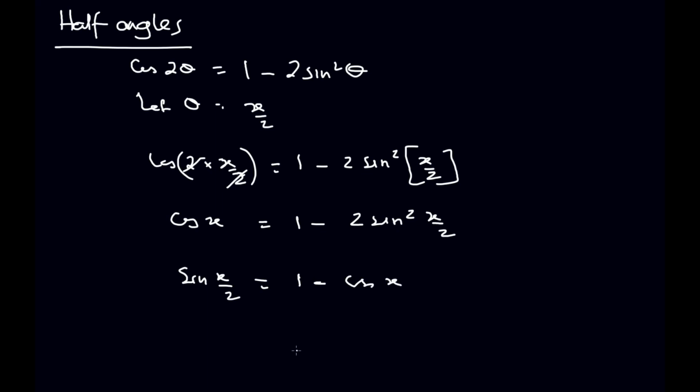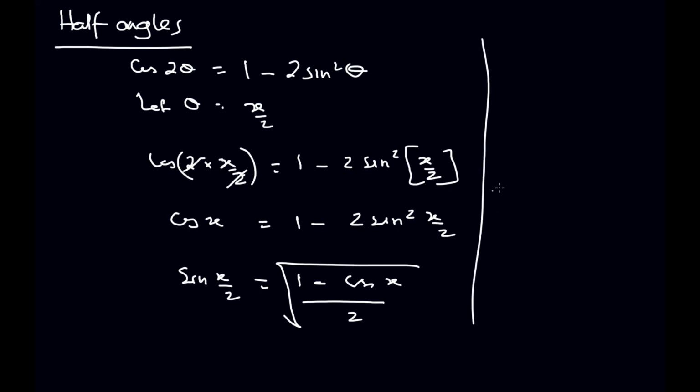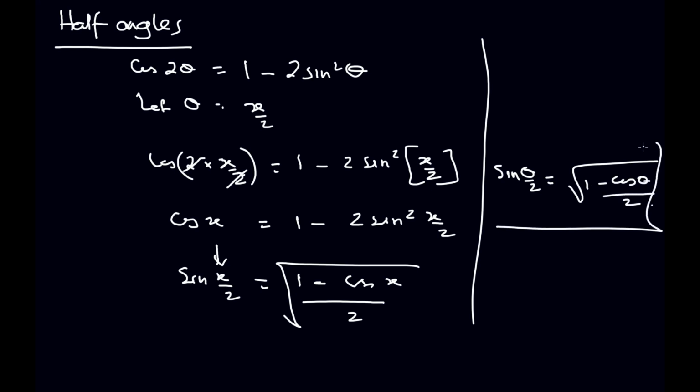Then we divide by 2, and because we had a square here, we take the square root. So we can represent it as sine theta over 2 is equal to the square root of 1 minus cos theta over 2. This gives us the half angle for sine.